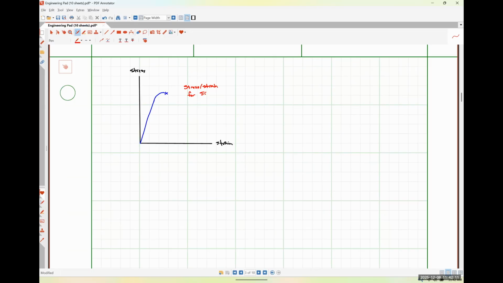So just for what it's worth here, I'm going to make a little table for you guys as well. And I believe I include this when it's necessary in the homework assignments. So in this leftmost column is going to be our material.